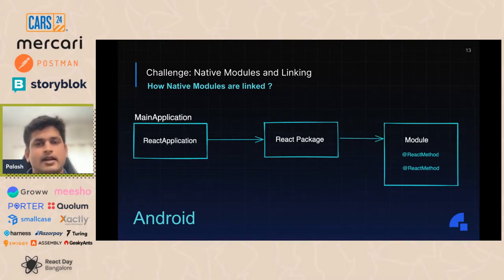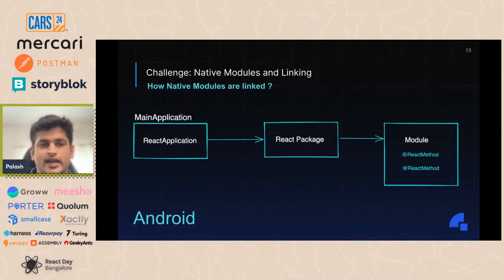Now I understand that while most of you would not have developed these native modules on your own, you would have installed third-party dependencies that made you do npm run link. When you do that, it basically means that this particular dependency has native code that you now need to link.